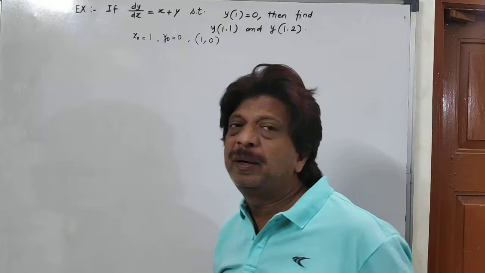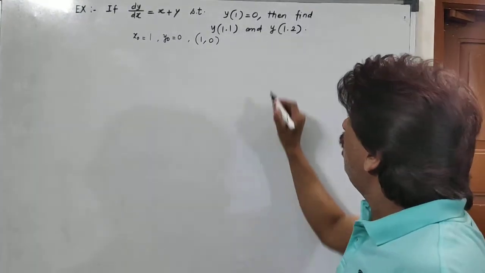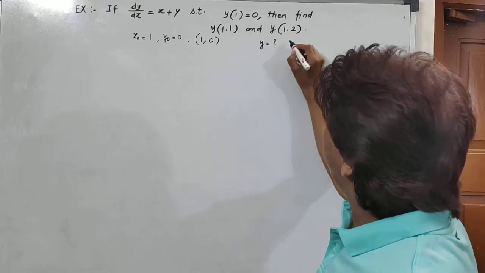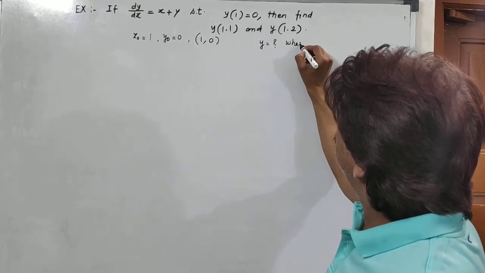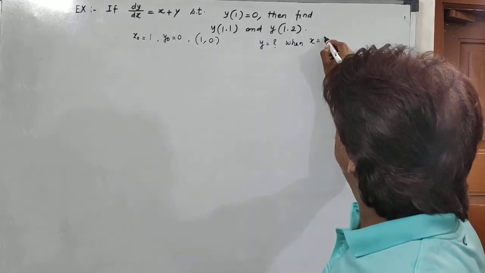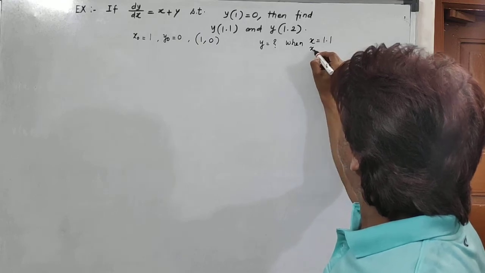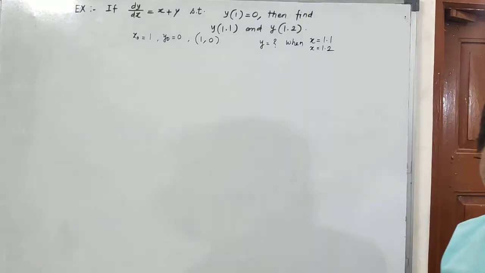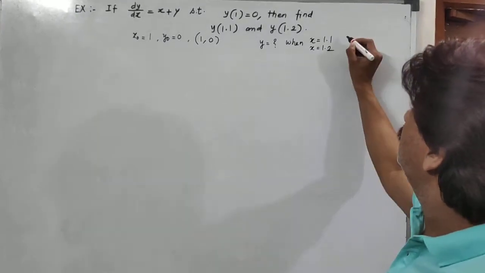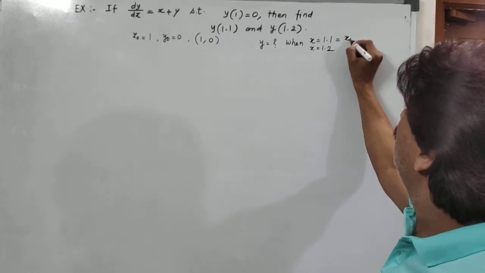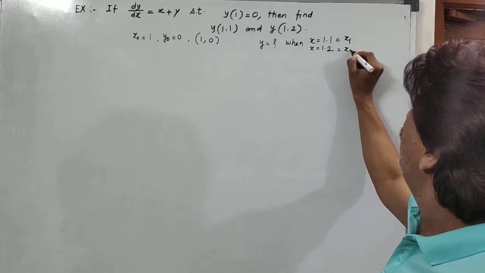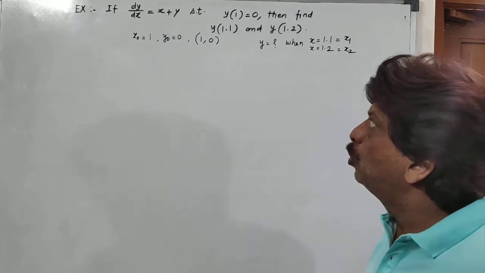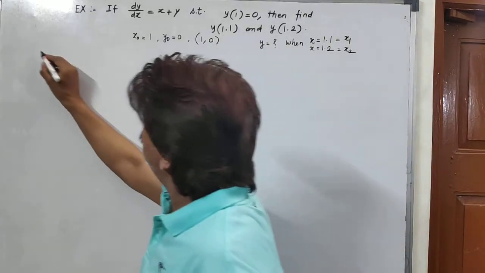What do we want? We want the value of y when x is 1.1 and when x is 1.2. So we shall call this 1.1 as x1 and 1.2 as x2. So let me plot the solution.